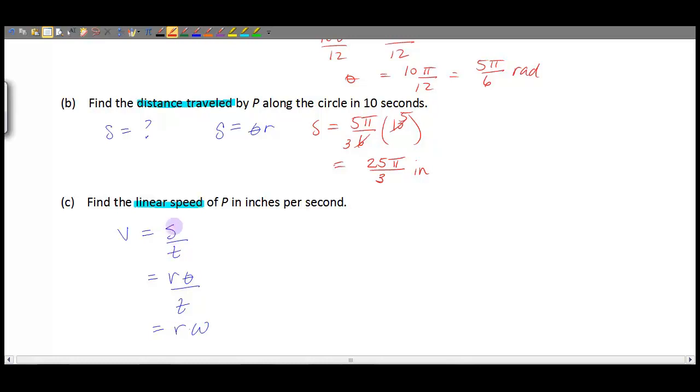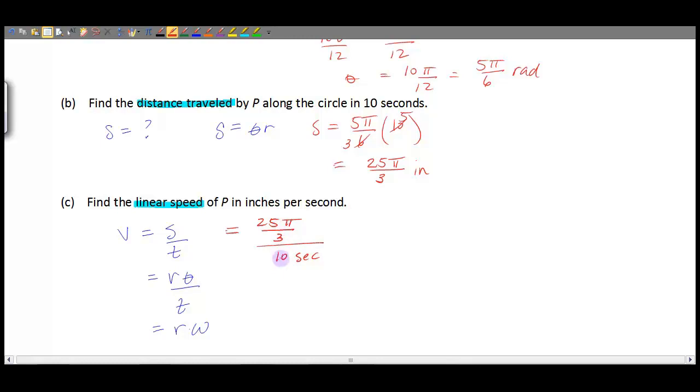So I can use any of these three formulas and I'm going to come up with the exact same answer. Let's look at this formula right here. Velocity is equal to the length divided by time. I know that the length is 25 pi over 3, and I'm going to be dividing that by the time, which was 10 seconds. Now this is a complex fraction.